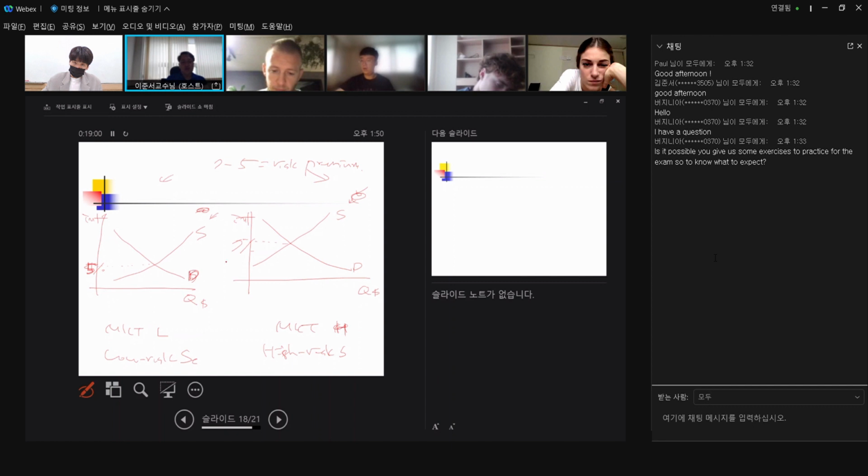Okay, so the reason why investors want to invest their money in market H, where high risk securities are traded, is because why? They want more return. How much? 2%, right? 7 minus 5, 2%.